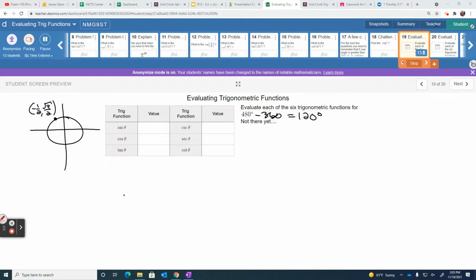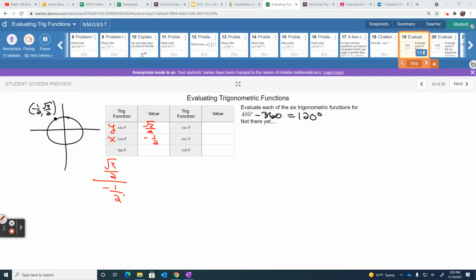All right. So now the sine, that's the y coordinate. So the y is radical 3 over 2. The cosine is the x, it's negative a half. And then the tangent is the y over the x. So for tan, we're going to do square root of 3 over 2 over negative a half.